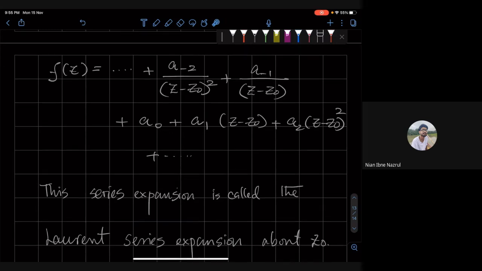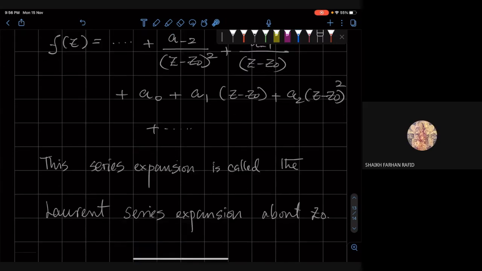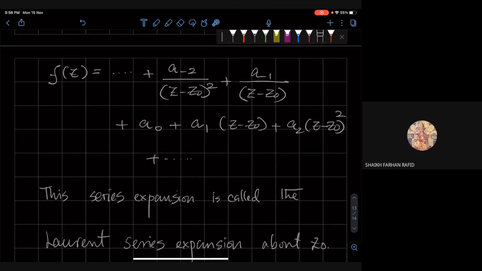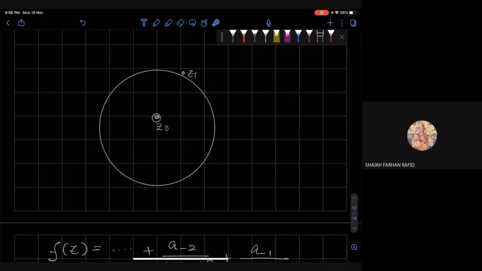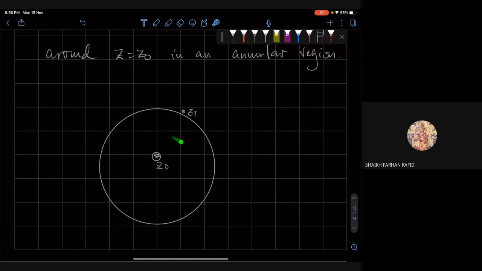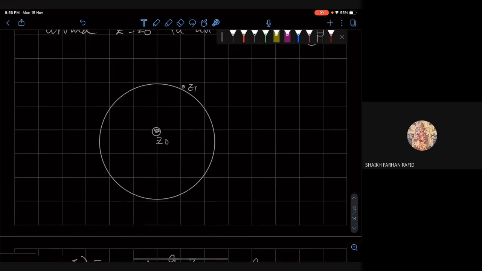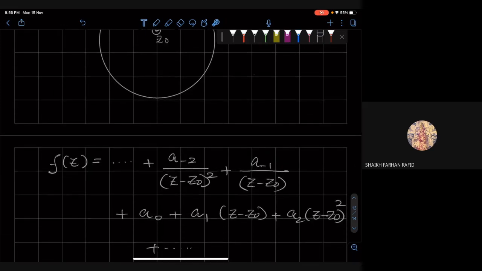Sir, I didn't get the point of 2 poles and a region in between. Yeah, all I'm saying is that this is a theorem, and I'm not going to prove it. If you have a function that is holomorphic in some region of the plane, but has a singular point at z naught, then you can find an expansion of this function around z naught which has this form.